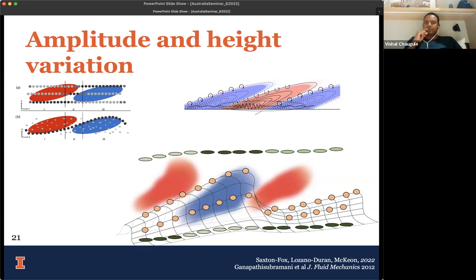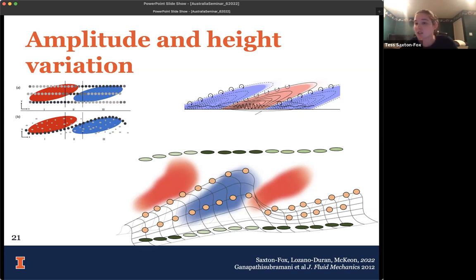Tess, on a related note, can you relate this to the ejection and sweep events that we have? Yeah, great question. I think that these are very consistent, and I should have cited it in the 2022 paper, but I should cite it in the presentation as well.